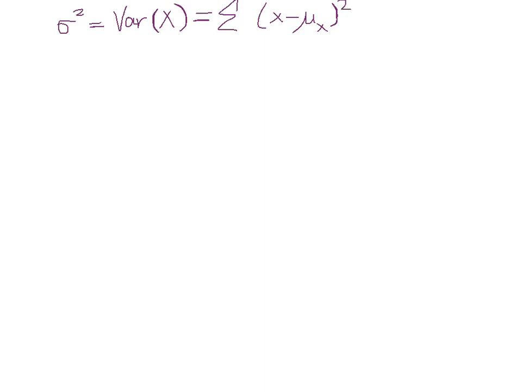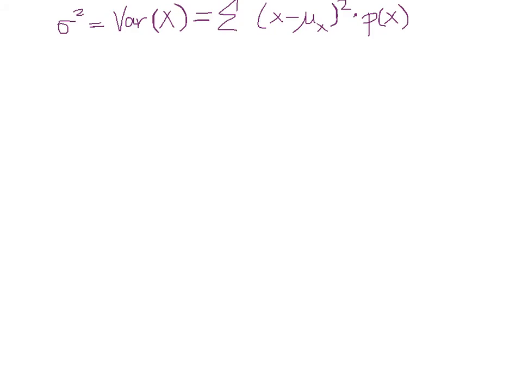Ordinarily, I would then divide these by n minus 1. But knowing that I have the entire population and the frequencies attached to those, I would take this and multiply by p of x.